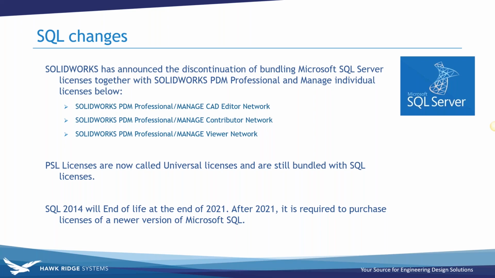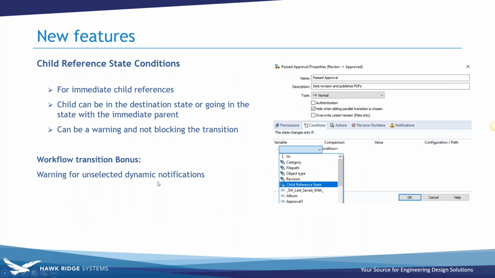That was a lot of me talking about the changes. I think we're ready to look at some new features. I'm pretty sure that's why you're here. So let's start with this first feature that, in my opinion, has been a long time coming. This is something I've heard from many customers, and it's now here: the child reference state condition.